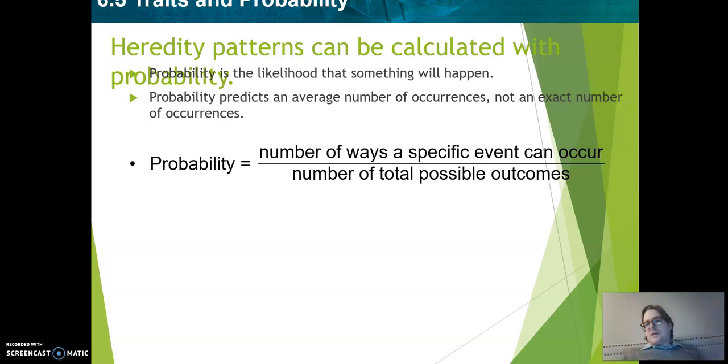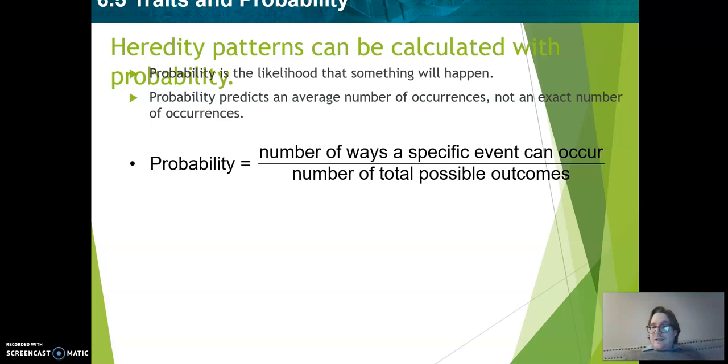And then the probability is the number of ways a specific event can occur over the number of total possible outcomes. Now that is basically like that one P that was green and not round. That was one way that that specific event can occur over a total of 16 different outcomes. So that would be 1 over 16 is the probability of that P being green and not round.